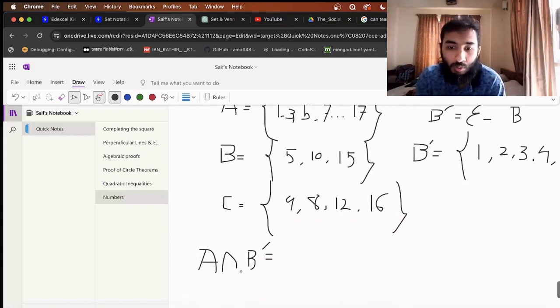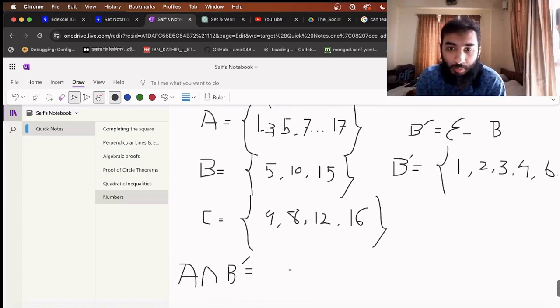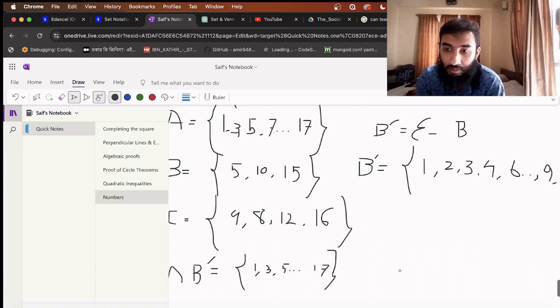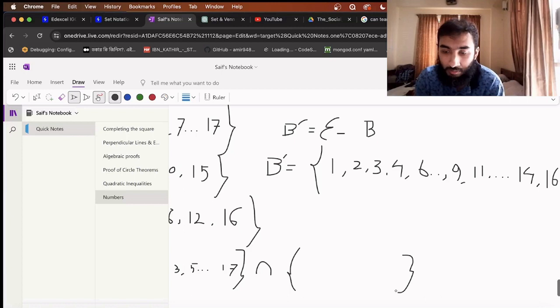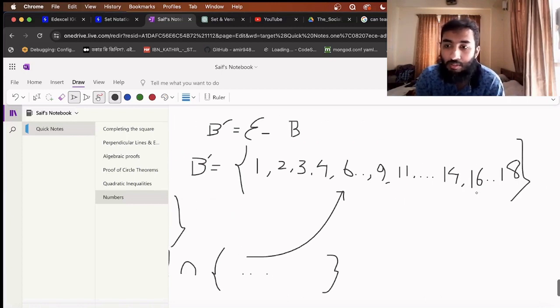So if I do A intersection B prime, what will it be? What is A? The set of odd numbers from 1 to less than 19: 1, 3, 5, up till 17. And B prime is the set that we have just figured out.